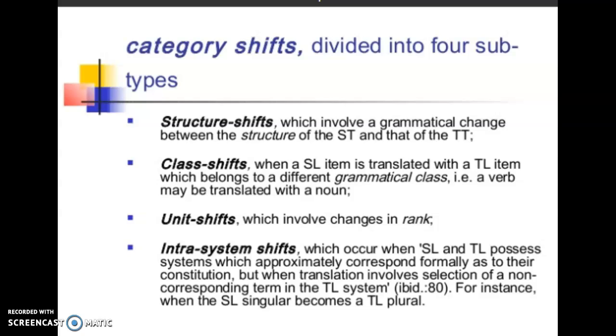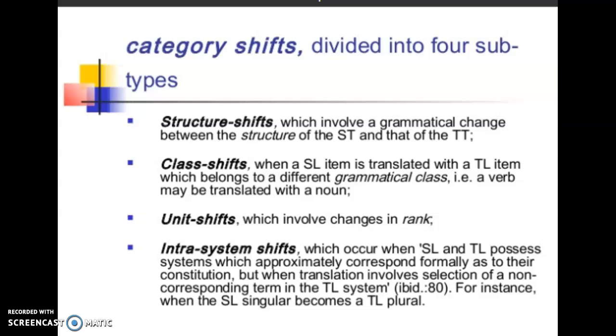And then class shift is when a source language item is translated with a target language item which belongs to a different grammatical class, like a verb may be translated with a noun. Unit shift involves changes in rank.